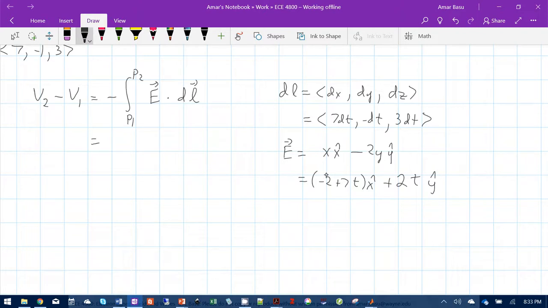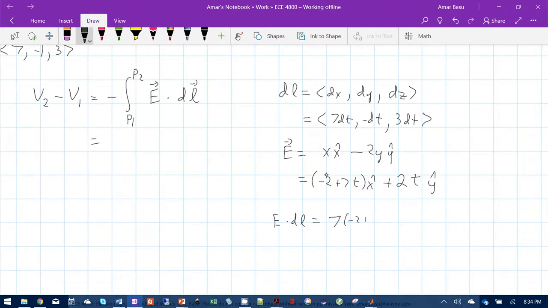And E dot dl is this quantity dotted with this quantity. All right, so you multiply the x components together. What do you get there? I'll just write it down.